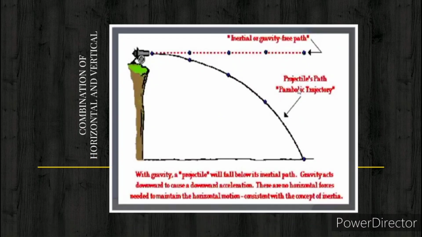The combination, example pa rin yan ng horizontal and vertical. Di ba yung cannonball, kapag nirelease mo o shoot mo yan, hindi naman siya didiretsong nasa taas. Whether you like it or not, bababa at bababa pa rin yan.